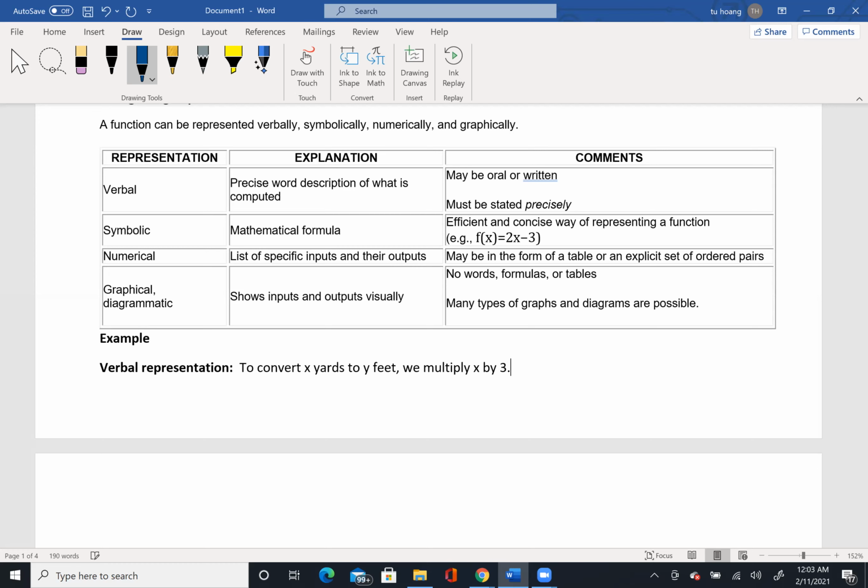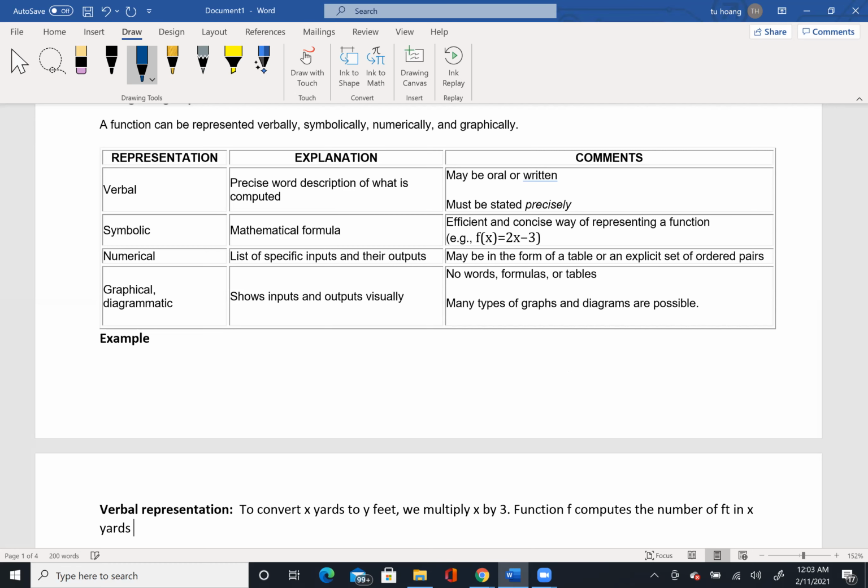So function f computes the number of feet in X jars.